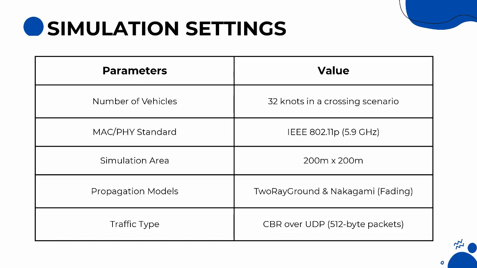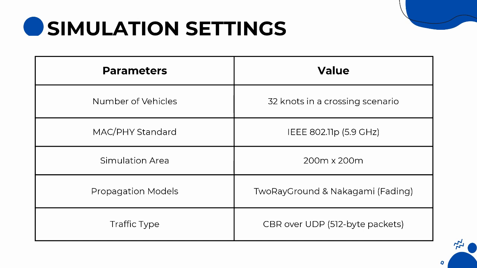Here we detail the test scenario, a 200 by 200 meter urban intersection with 32 vehicles. Data transmission was performed using the UDP protocol with a constant bit rate, CBR, and 512 byte packets. An important detail is that the researchers varied the transmission rate from 100 kilobits per second to 800 kilobits per second.